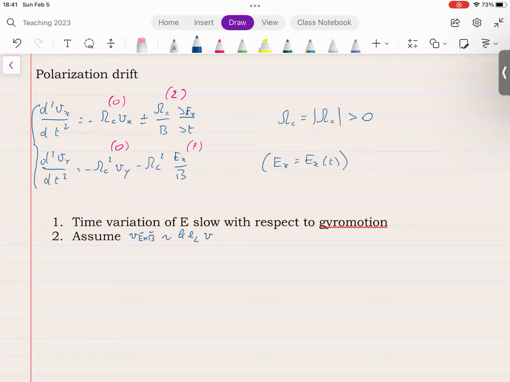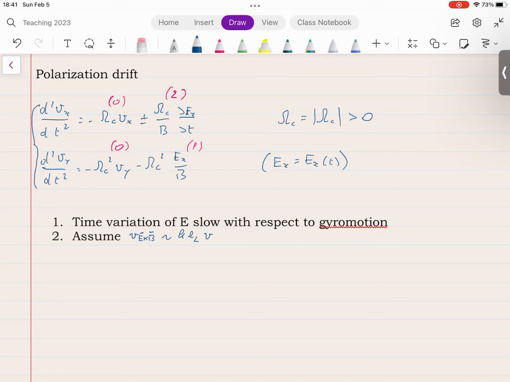That's not so new because we saw it in lecture 8, but something that was not contained in the calculation, as we have done it this way, not contained in that calculation so far. And again, the ordering is in time derivatives with respect to the gyration motion.